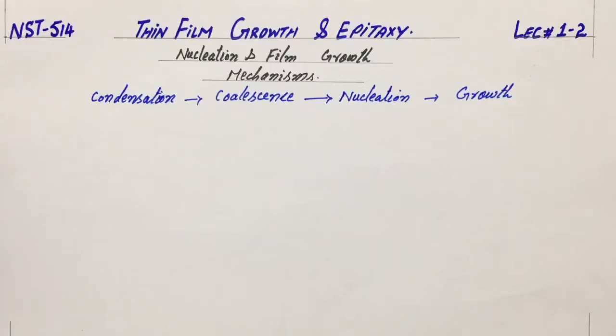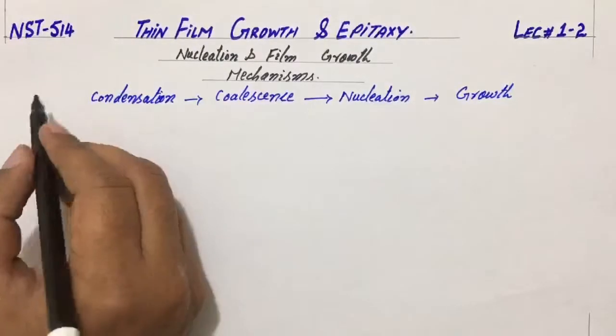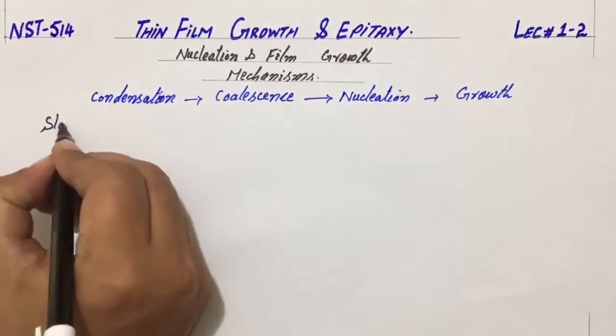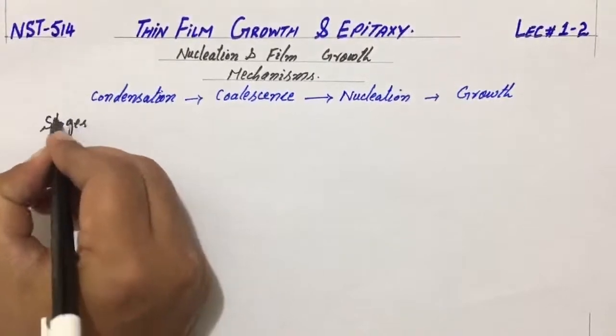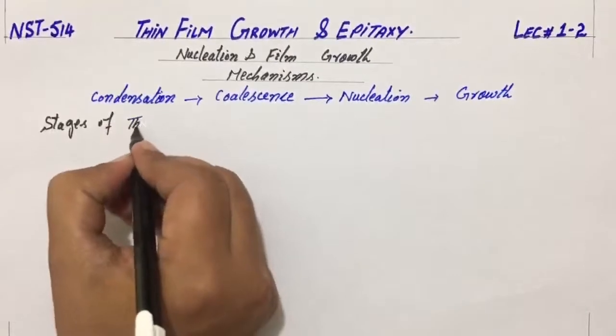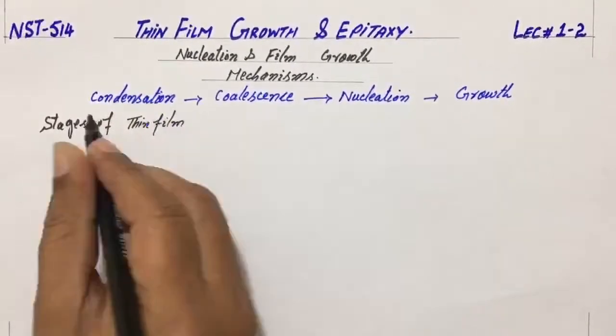So there are three stages which can be distinguished in the nucleation and growth of thin films. These are the stages of thin film growth.